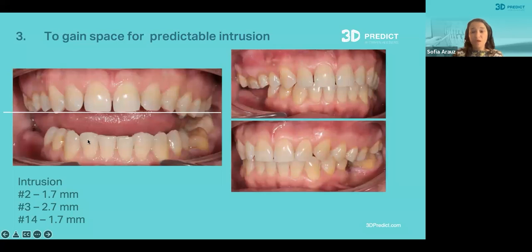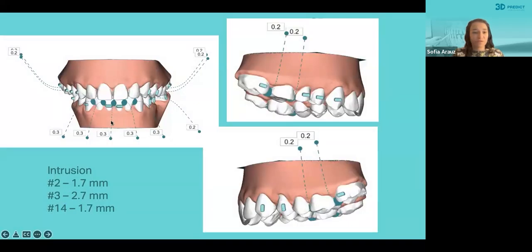As you can see, this case was completed in 19 steps actually for the mandibular section, and the maxillary was completed in 22 steps, which is pretty good considering that we did 2.7 millimeters of intrusion for number 3 actually, which is very hard to achieve. Now, this is just another view.